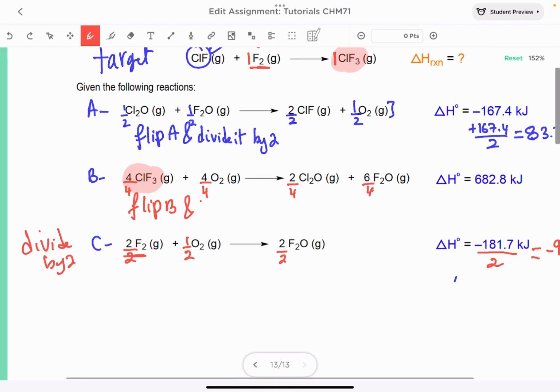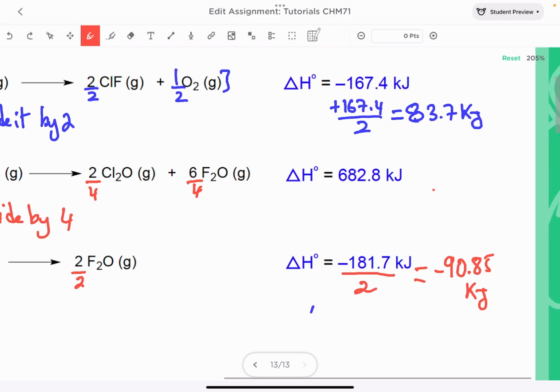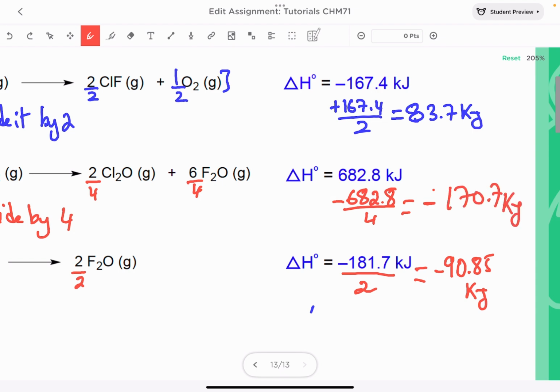So this one is going to become negative 682.8 divided by 4. So the answer is negative 170.7 kilojoule.